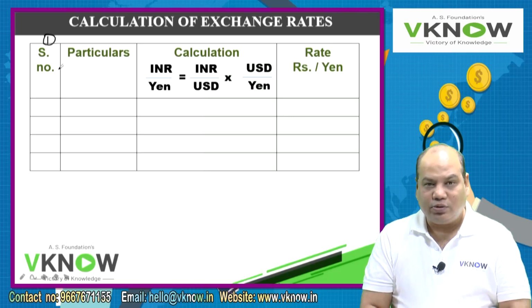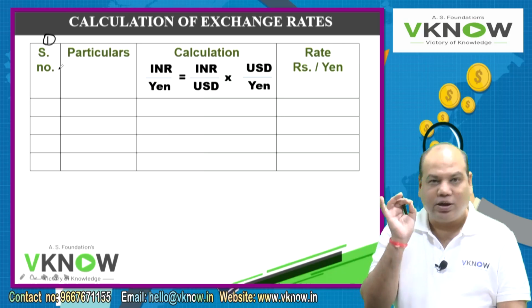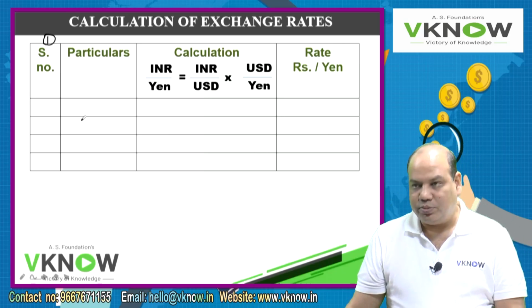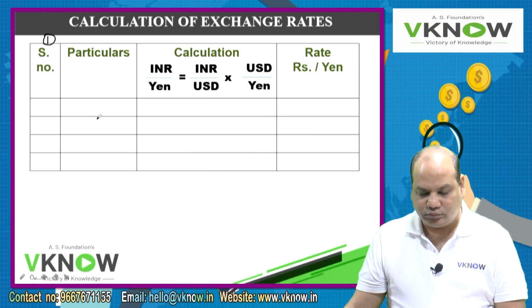INR per yen is equal to INR per USD into USD per yen, and in the last column we'll write the answer rate, rupees per yen. Format is ready. Draw columns. Keep a gap of 1 line after each calculation.